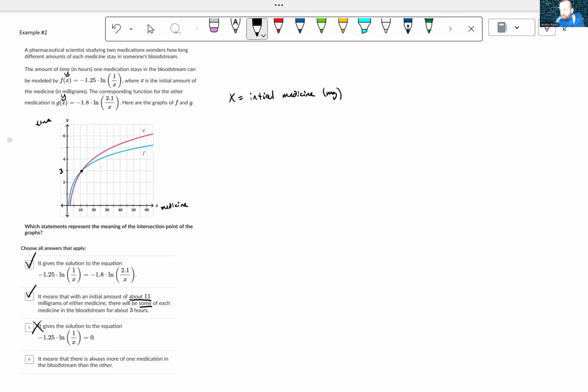So not D. The key takeaway is it says always, there's always more of one medication than the other. And that's not true because here these two are the same exactly at that point.